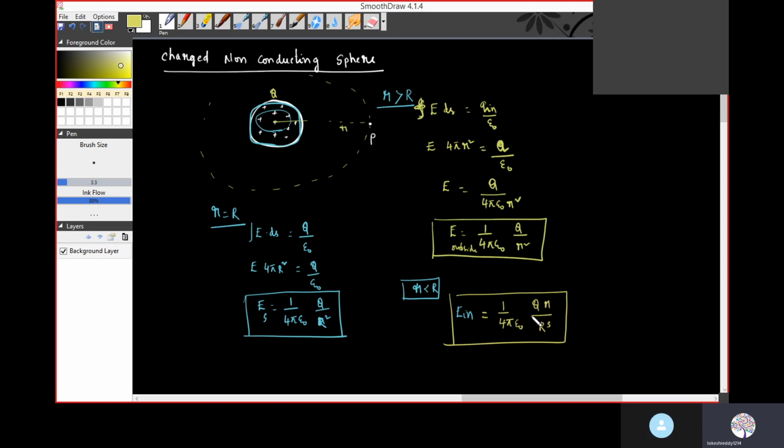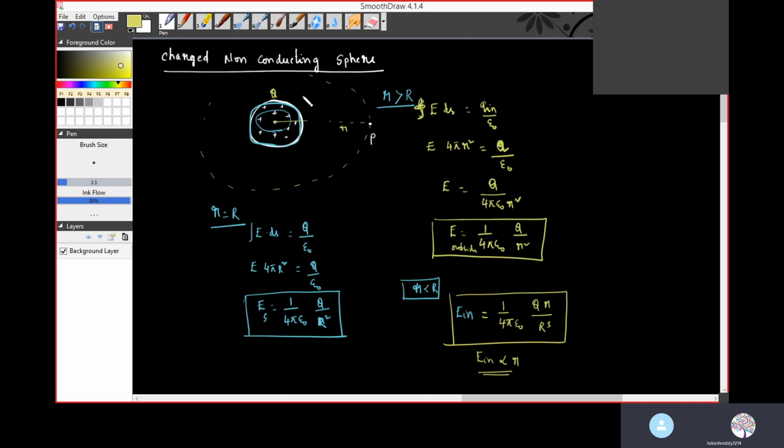So E inside is directly proportional to r. When r is equal to 0, at the center it is equal to 0, of course.